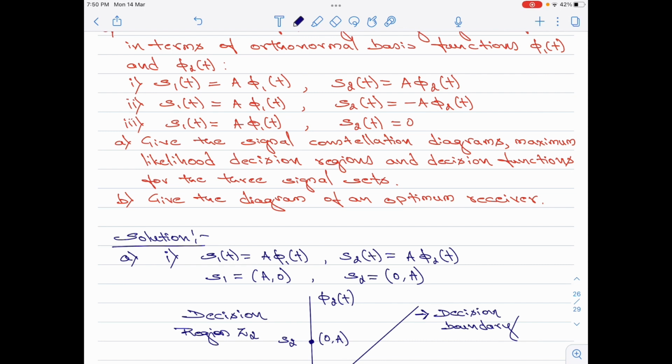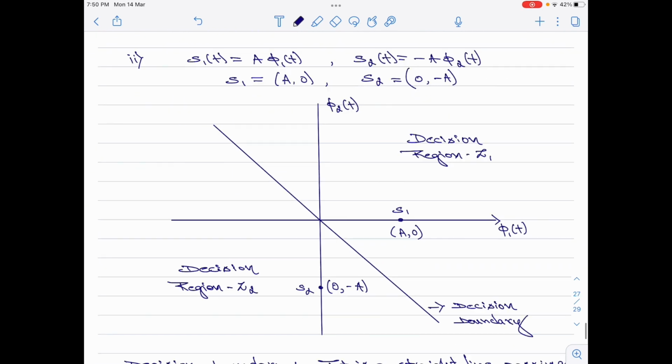The first one is the correlation receiver, then we have the matched filter receiver. Since every signal set we are given here has two signals, the optimum receiver will have two branches of either the correlation receiver or the matched filter receiver. For this particular numerical, I will be using the detector of the correlation receiver. Let me plot that.